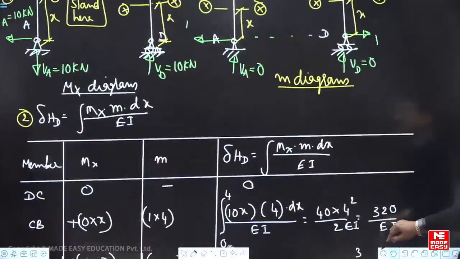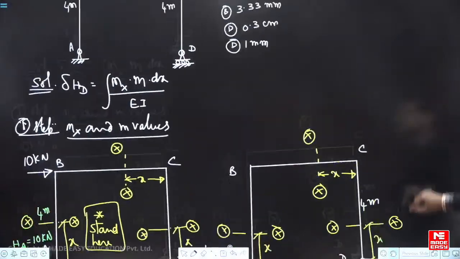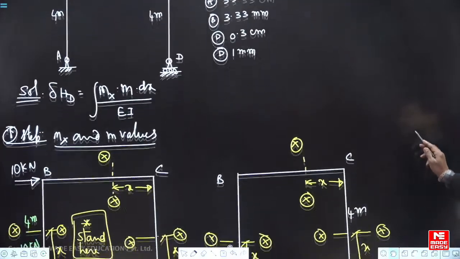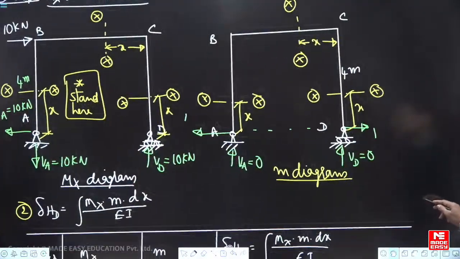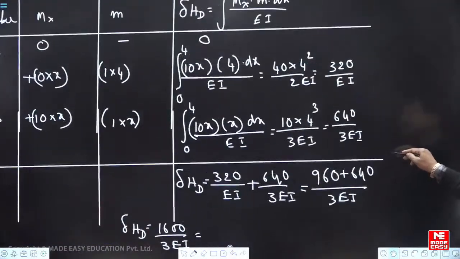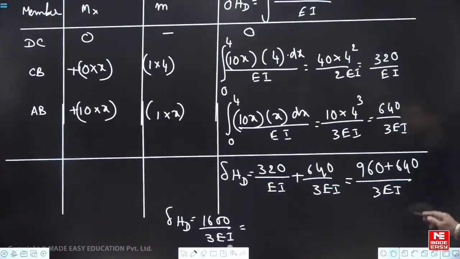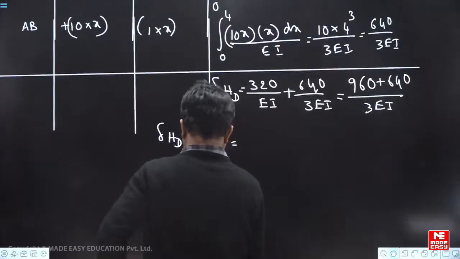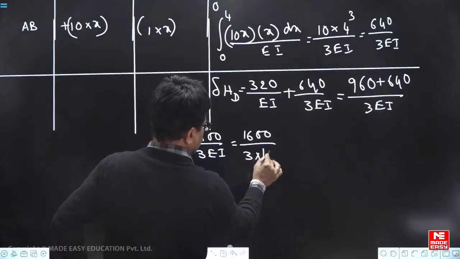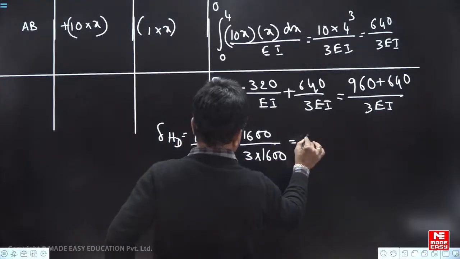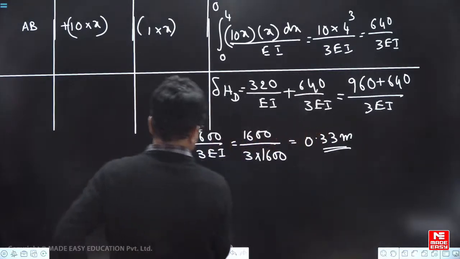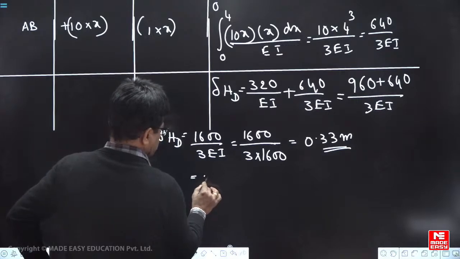EI has given 1600 kilonewton meter square. So this is the usual process, mx and m values multiplication. 1 by 3 means 0.33 meters, into 100.